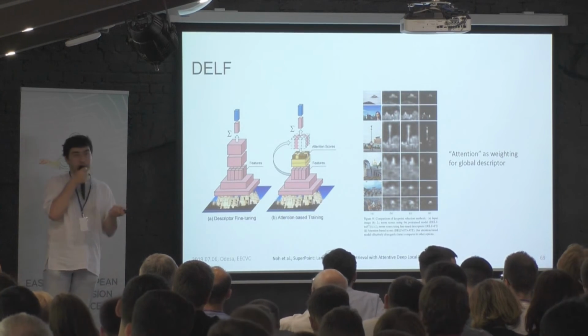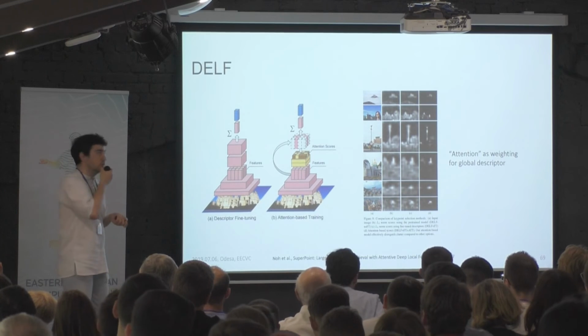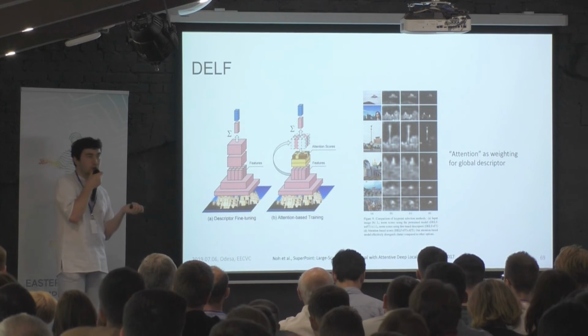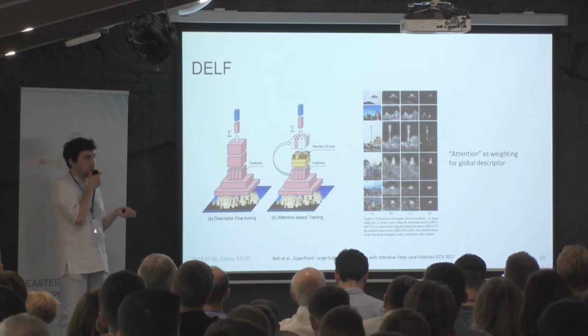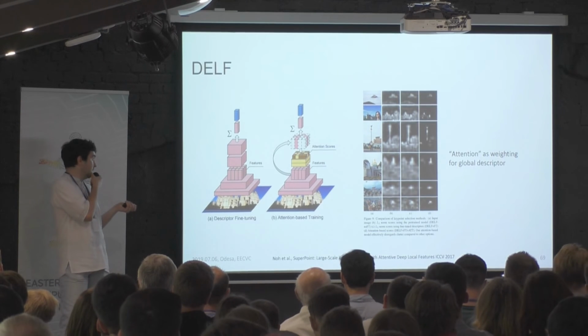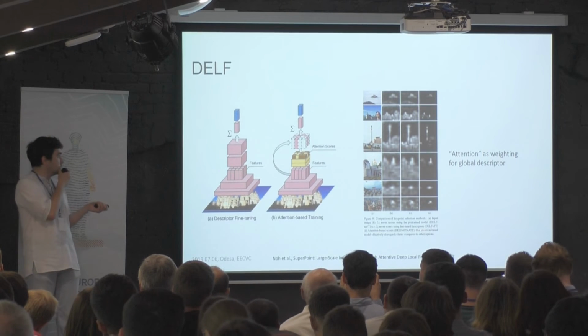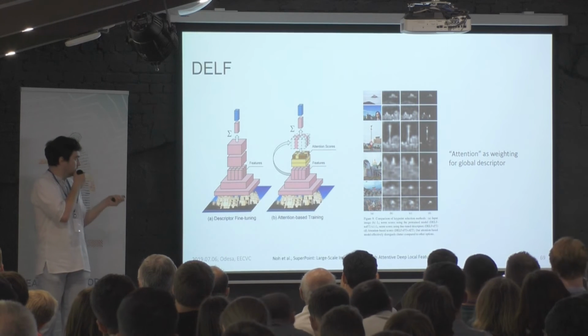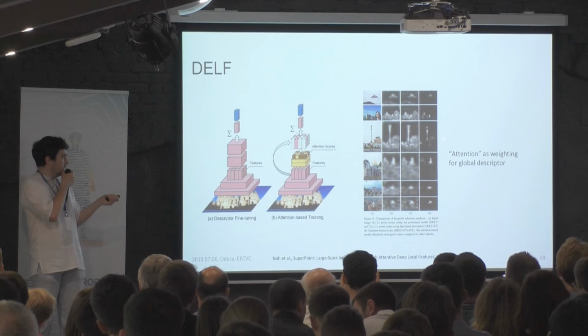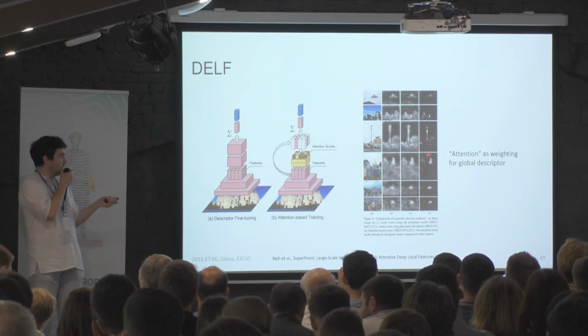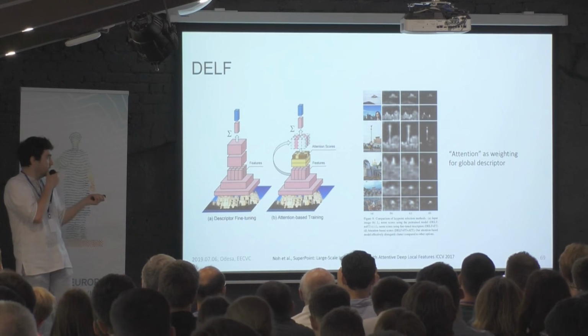DELF is one thing which you probably should use if you do landmark recognition or retrieval, because it is, again, a deep detector which was trained on exactly landmarks. So this is some image, and this is the landmark part of the image.